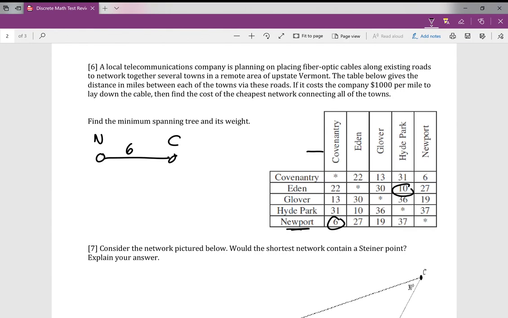And 10 connects Eden to Hyde Park. And we keep looking for the next cheapest number. 13 connects Glover to Coventry.